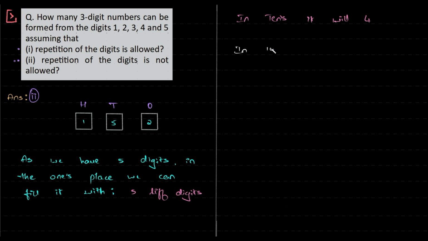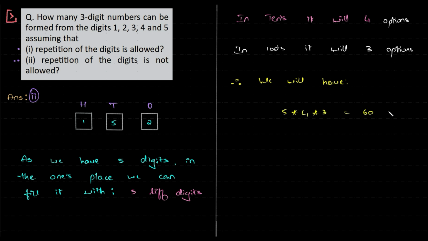In hundreds, it will be 3 options. Therefore, we will have 5 into 4 into 3.